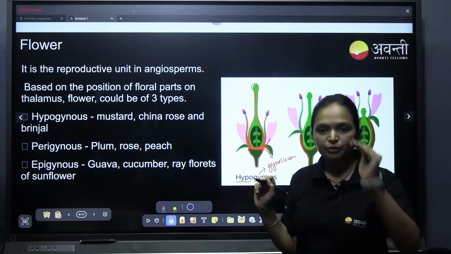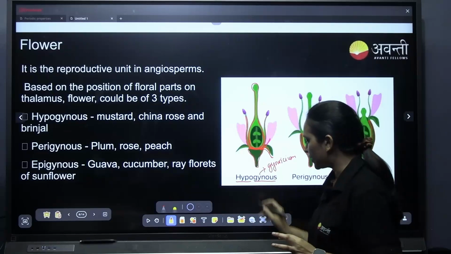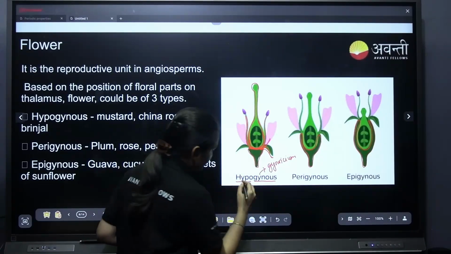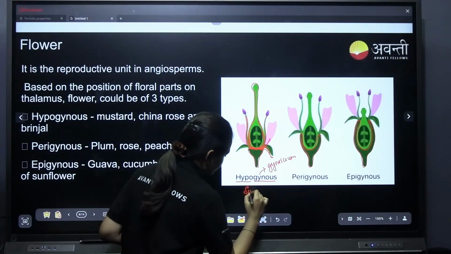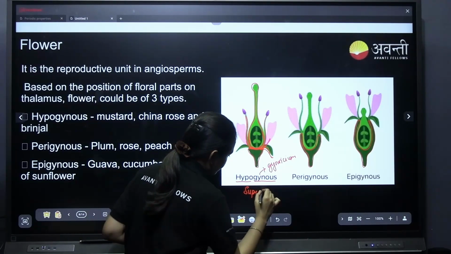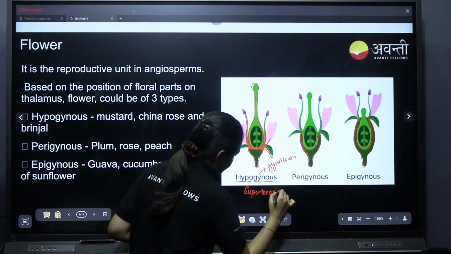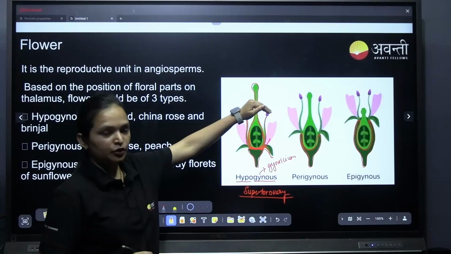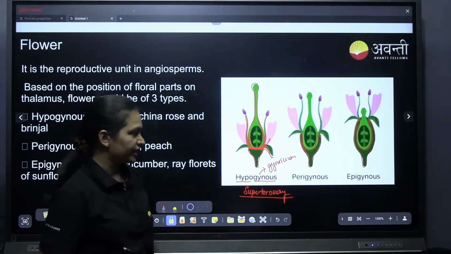If the other floral parts are situated below the gynoecium, they arise from below it. The sepal, petal and stamens all arise from here. Hypo means below the gynoecium. This type is called superior ovary, because the ovary is above all other floral parts.